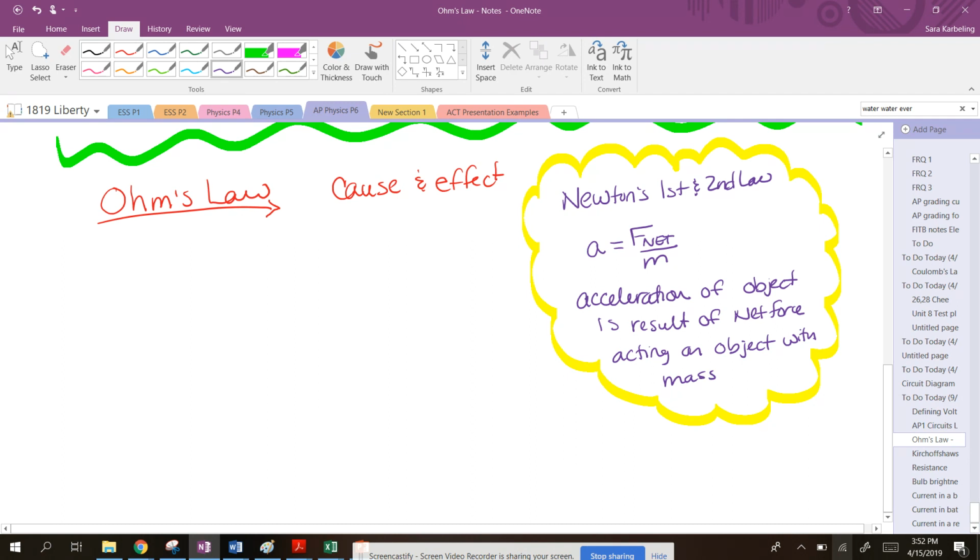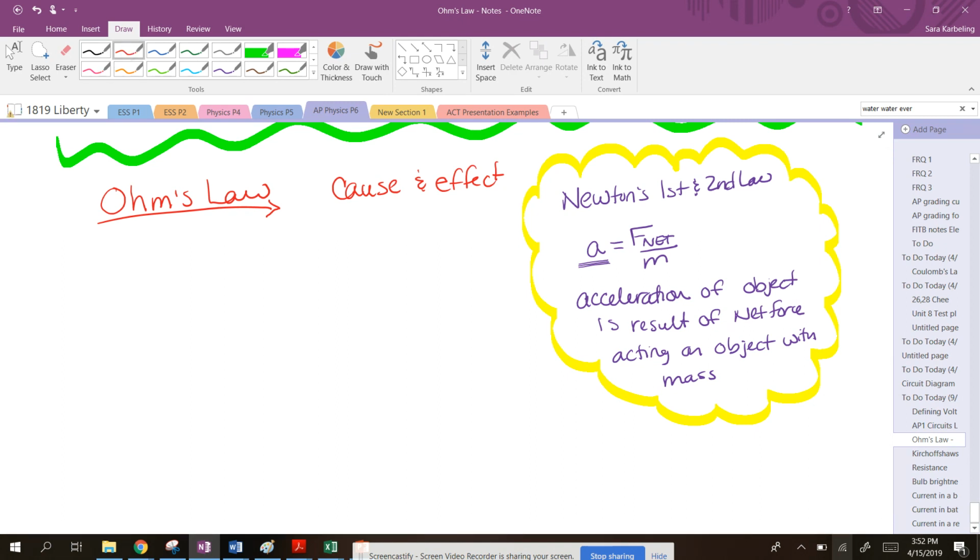The higher the mass, the lower the acceleration. The higher the net force, the higher the acceleration. But both of those things, the net force and the mass, are the causes or the things that dictate the acceleration that happens. Ohm's law is exactly the same. It's the same kind of law.